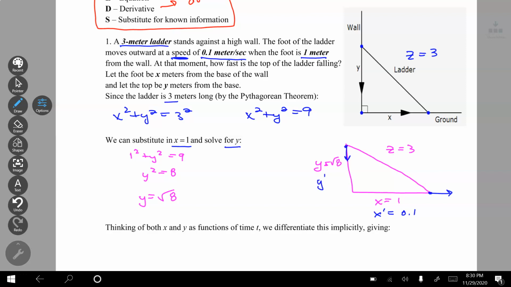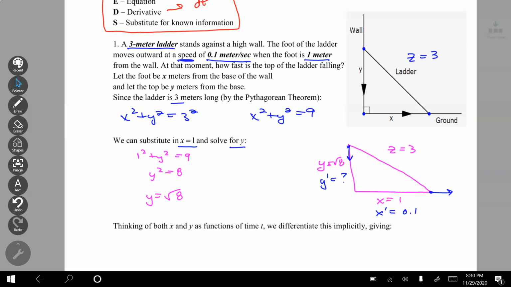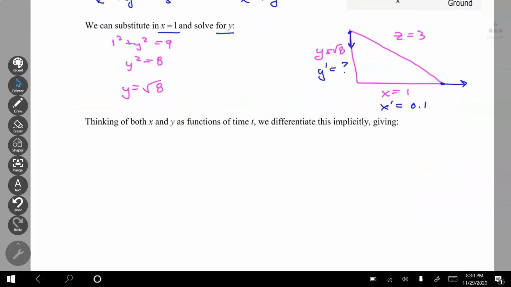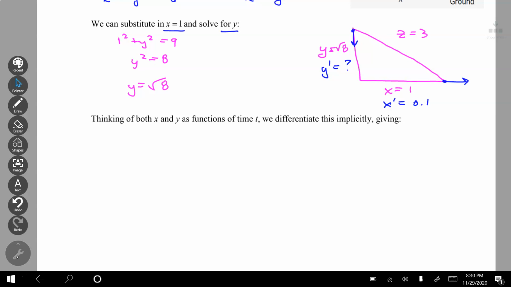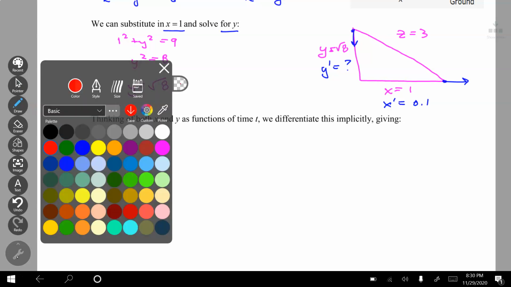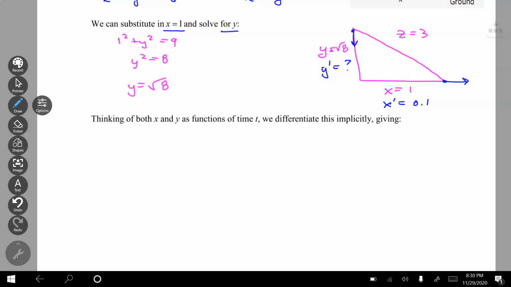And this y prime, how fast is it moving down? I don't really know that right now, but I do know something else. I'm going to come back to it in a second. So I'm going to keep my diagram here. We've already established that the derivative of the Pythagorean theorem is going to be x times x prime plus y times y prime is equal to z times z prime.